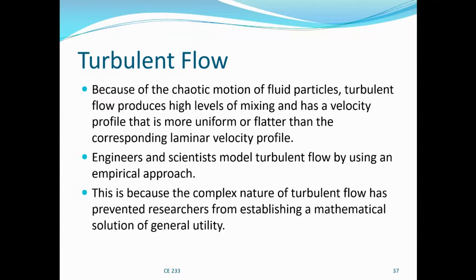The fluid particles move with high velocity and there is mixing, and the velocity profile is more uniform or flatter than the corresponding laminar flow velocity profile. So it is more or less uniform. For laminar flow, it is parabolic.